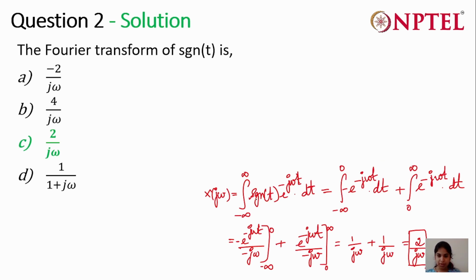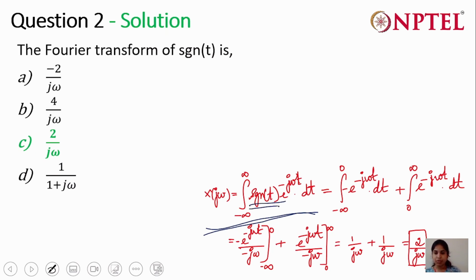Okay. So in your Fourier transform formula, we have sine of t. Now we're splitting it into two integrals, one from -infinity to 0, sine of t is -1. From 0 to infinity, sine of t is just 1. So now we are solving these two integrals. For the first one, it is minus e power minus j omega t by minus j omega, limits from -infinity to 0.